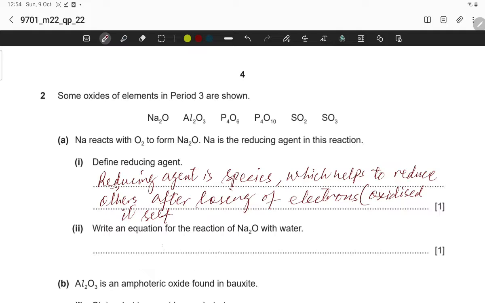Write an equation for the reaction of sodium oxide with water. Na2O plus water gives sodium hydroxide.